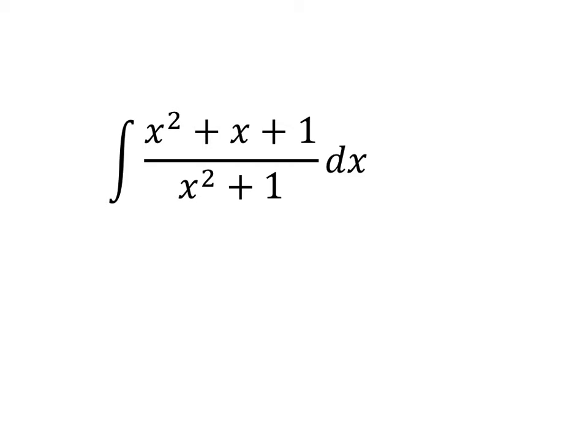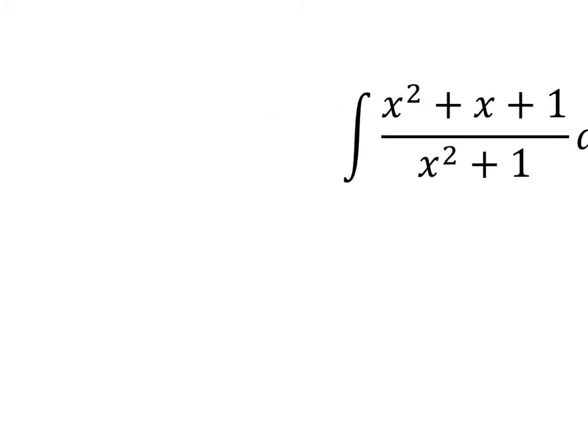When the degrees are the same, we are going to do long division. Recall, when the degrees are the same, basically, what happens is if I pick this one as u, usually du is going to be 1 degree less. So then there's no way to get to another x squared. So when the degrees are the same, we're going to do long division.